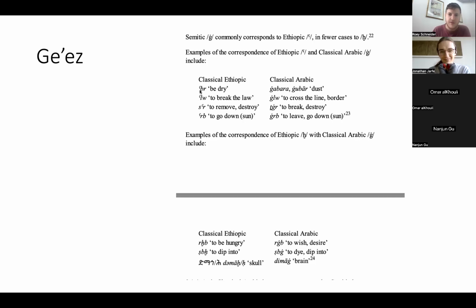So Abara, to be dry in Arabic, Khubar, dust, Alawa, to break the law, Ghalawa, and so on, as opposed to Rakhaba, to be hungry in Arabic, Raghaba, Tabakha, to dip or to dye, and Arabic sabagha, and dimagh, brain, damagh, or damagh, skull. Any question?